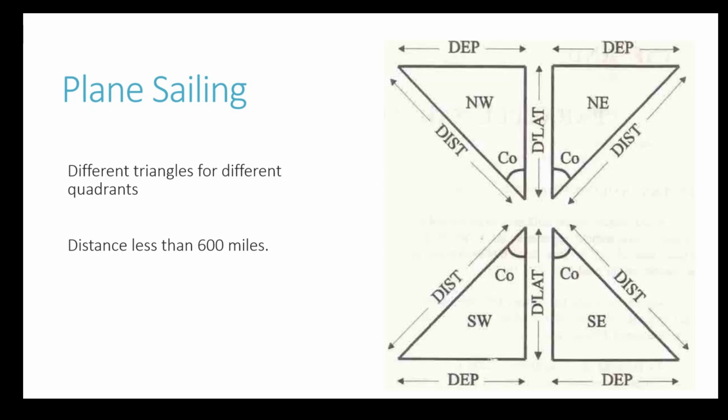So when you use plane trigonometry on the curved surface, errors are bound to occur. However, till the time the distances are small, to be precise, when the distances are less than 600 miles, the errors which are introduced are so small that they can be easily neglected.